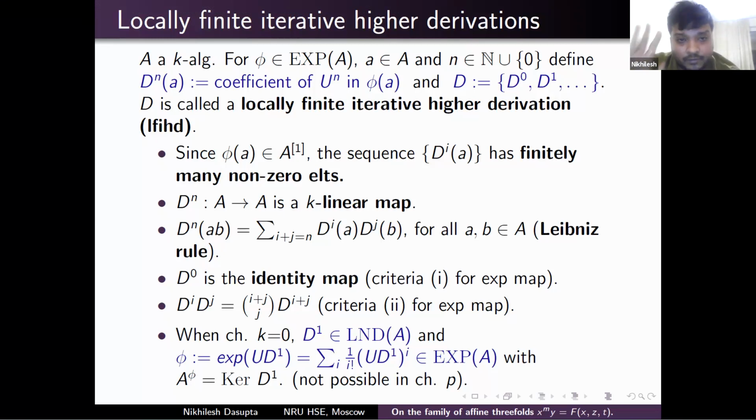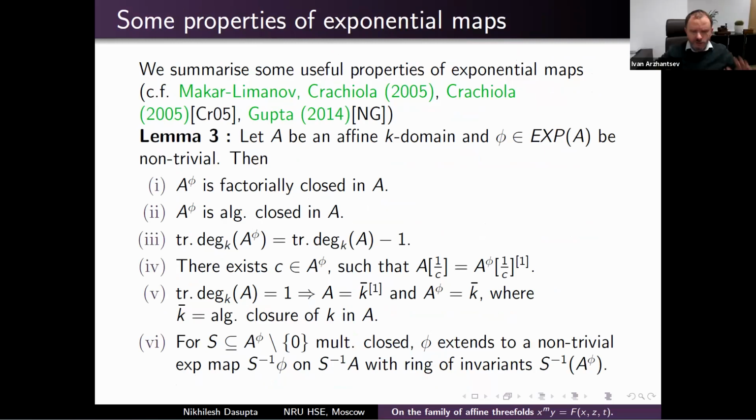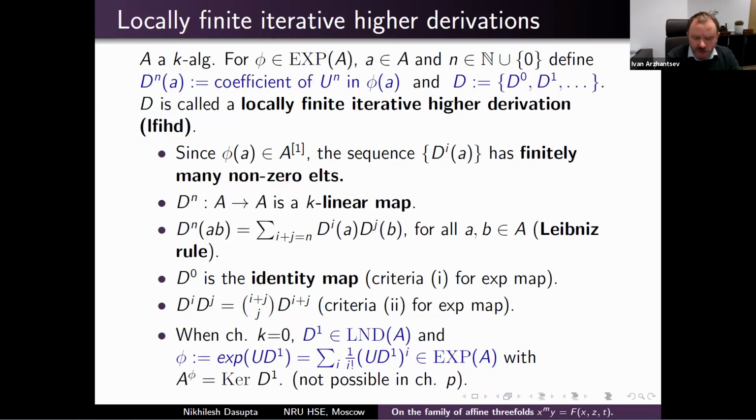But obviously, still there will be locally finite iterative higher derivations. So with every exponential map there is an LF IHD, and every LF IHD corresponds to an exponential. Let me try to understand in my terms. Yes. When you have characteristic 0, then any action of the additive group is given by exponent of locally nilpotent derivations.